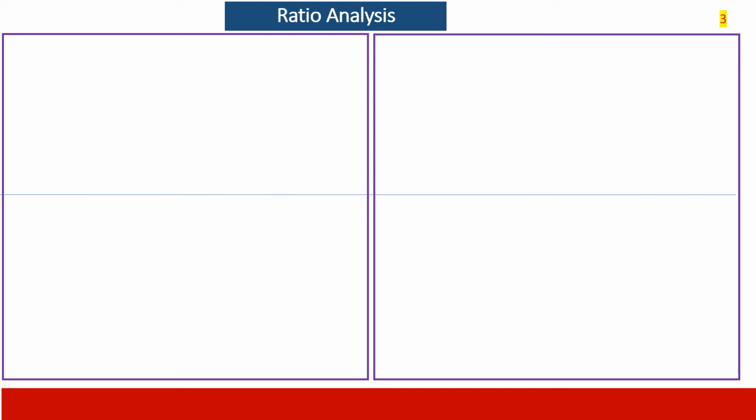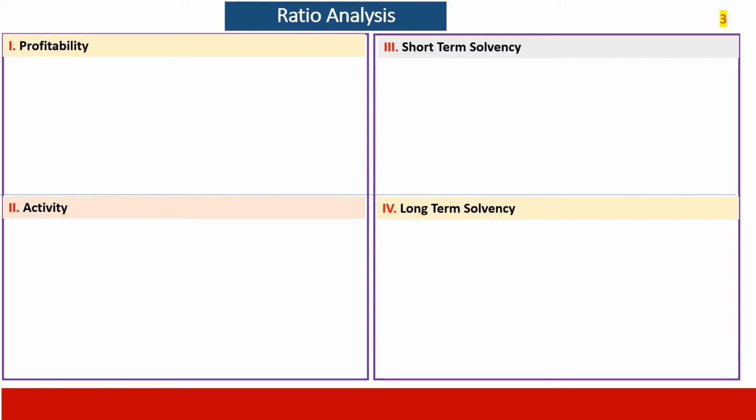We have learnt about two statements, income statements and position statement. Both put together, when we take it forward, we can understand how to derive the ratios. And what are the four ratio types? Profitability linked, activity linked, short-term solvency, and long-term solvency.